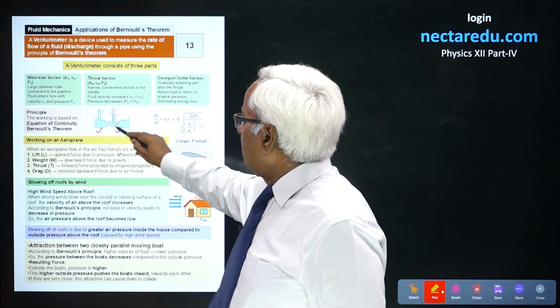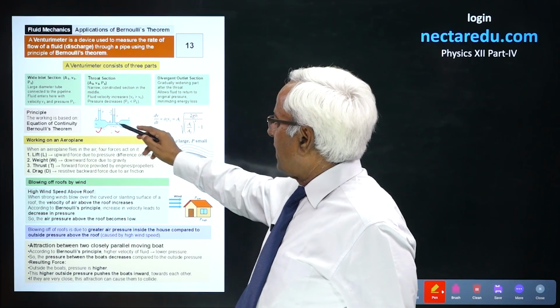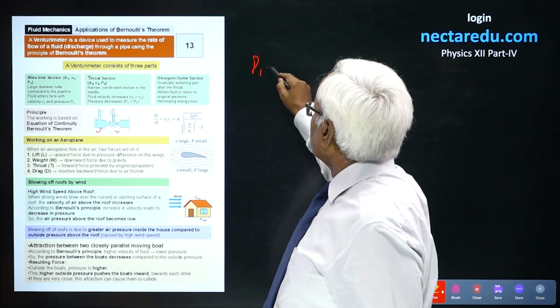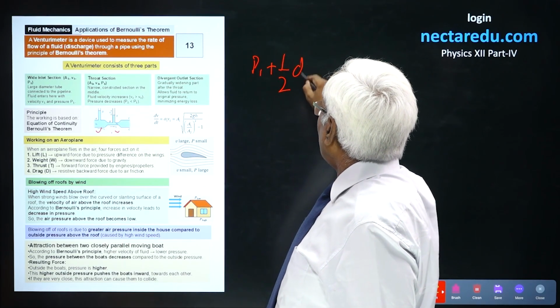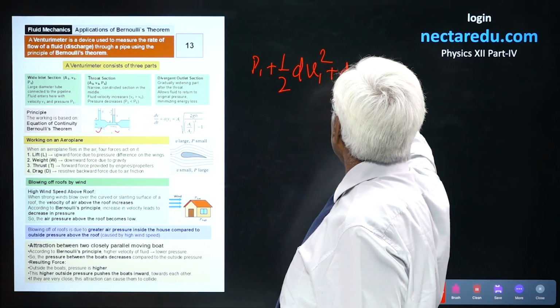By using Bernoulli's theorem at the two points, the wider and the narrower, you could use this form of Bernoulli's theorem, ρgh1.